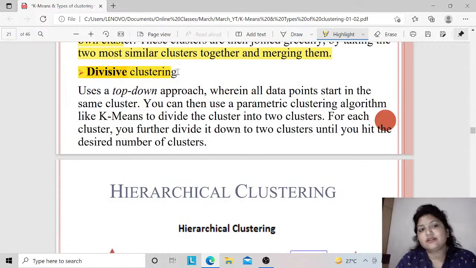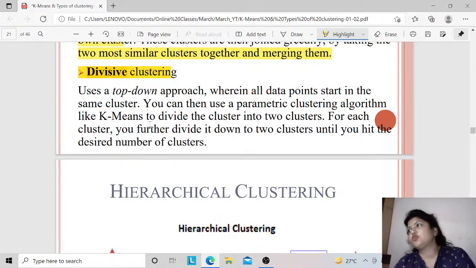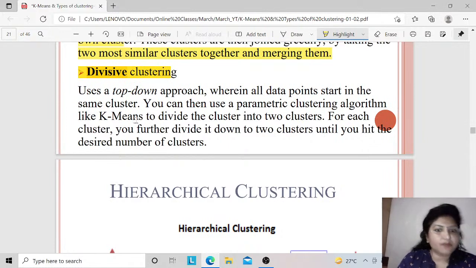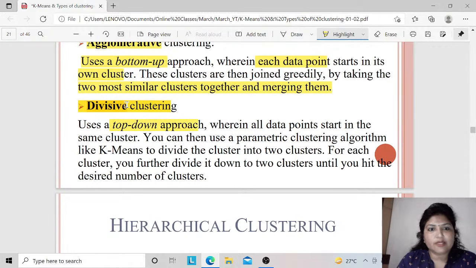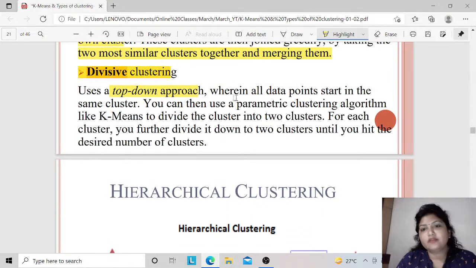Whereas the other type of hierarchical clustering, divisive clustering, is the top down approach. Here we start with all the data points in the same cluster, and then we segregate into different clusters.